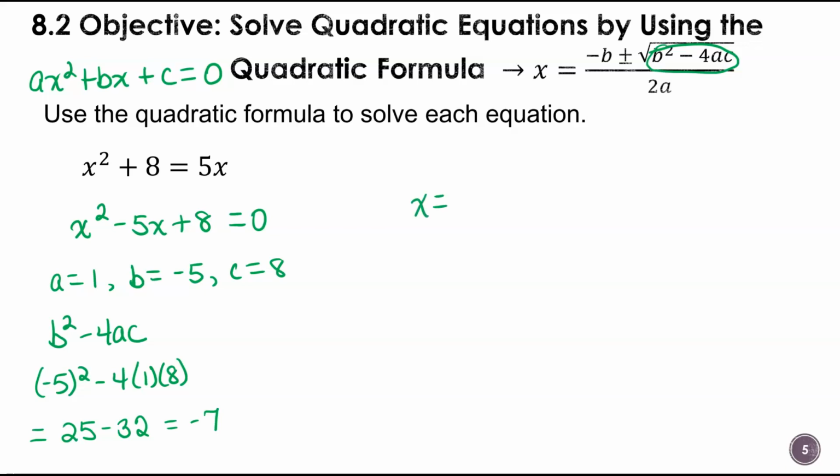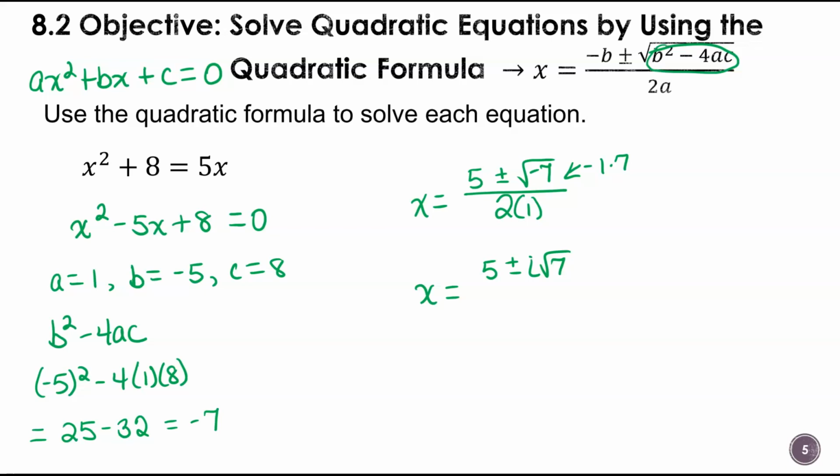So x equals, the opposite of b would be a positive 5 plus or minus the square root of negative 7 over 2 times 1, which is 2. So this is 5 plus or minus i radical 7. Remember, this is negative 1 times 7.